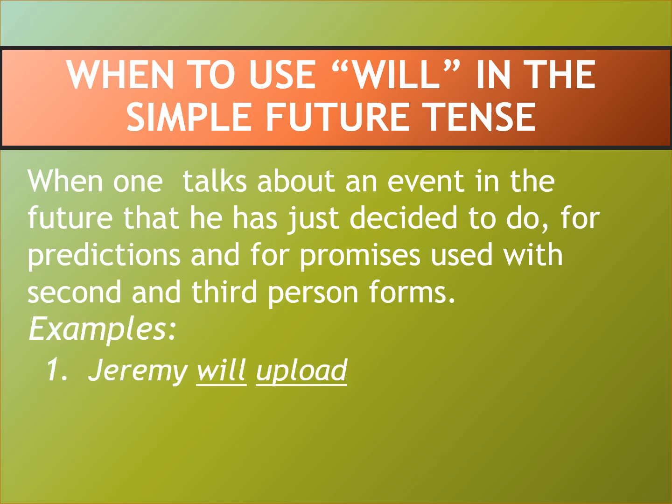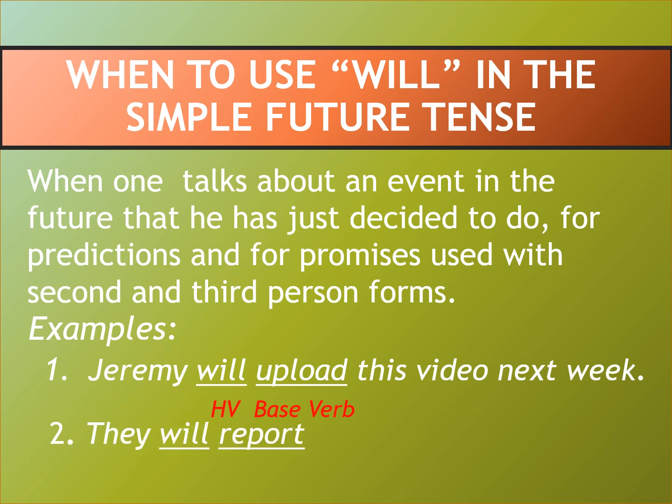Number 1, Jeremy will upload this video next week, where will is the helping verb with upload as the base verb. Number 2, they will report for work tomorrow, and will here is the helping verb and report is the base verb.